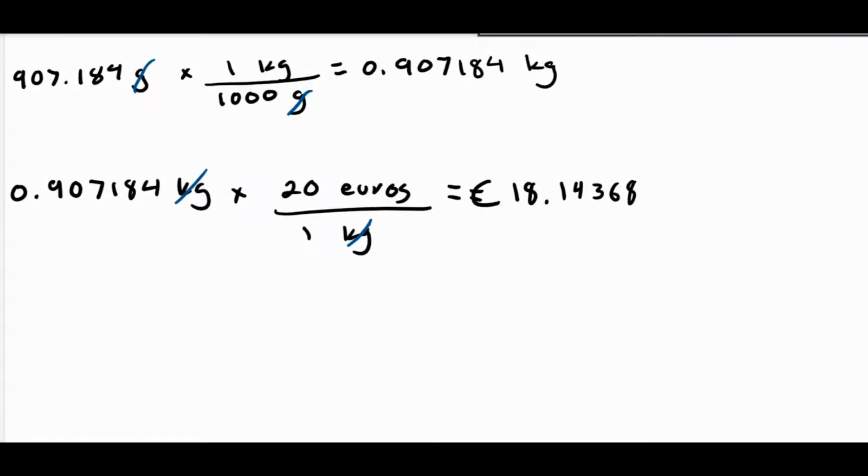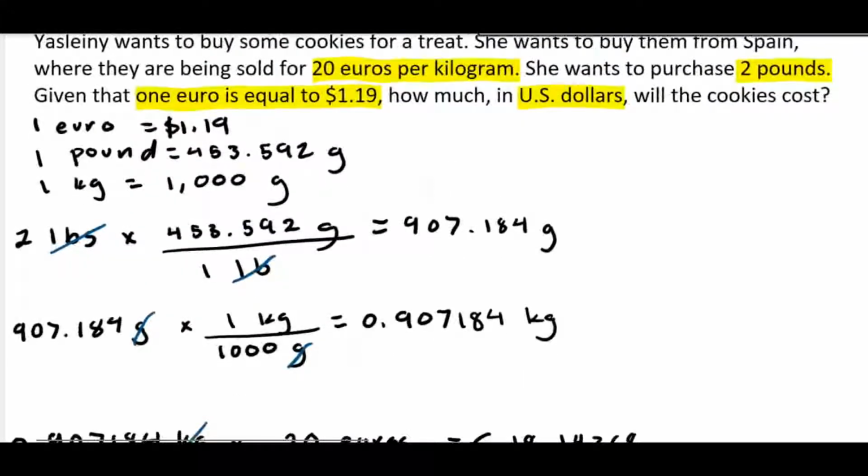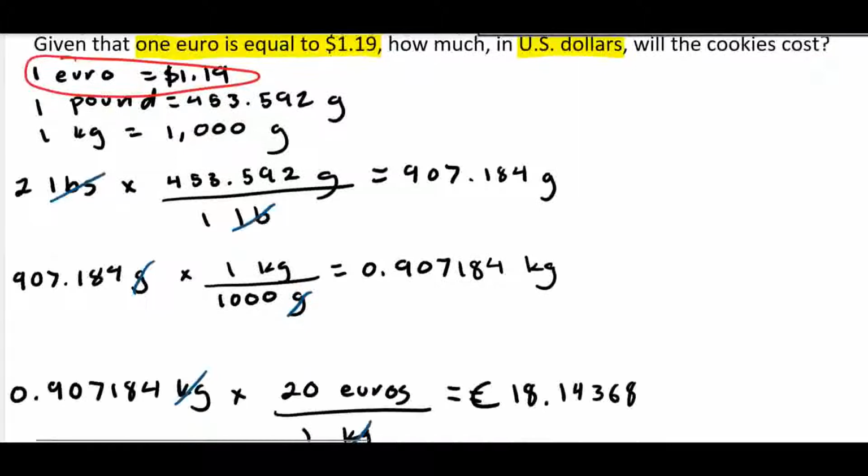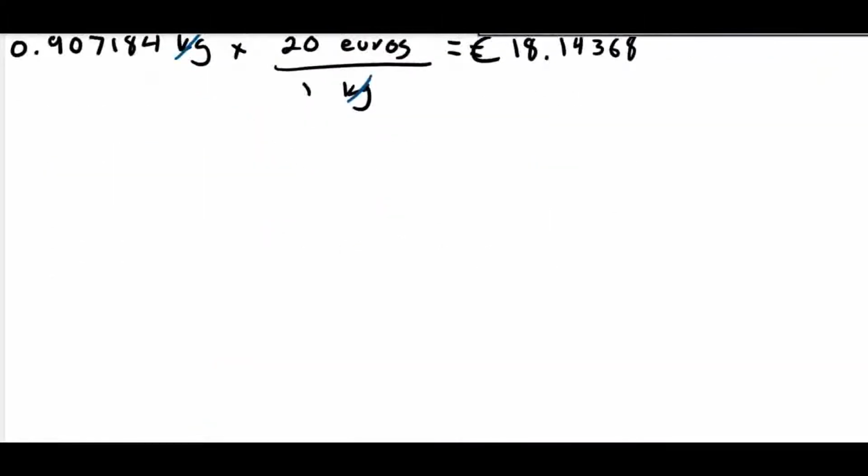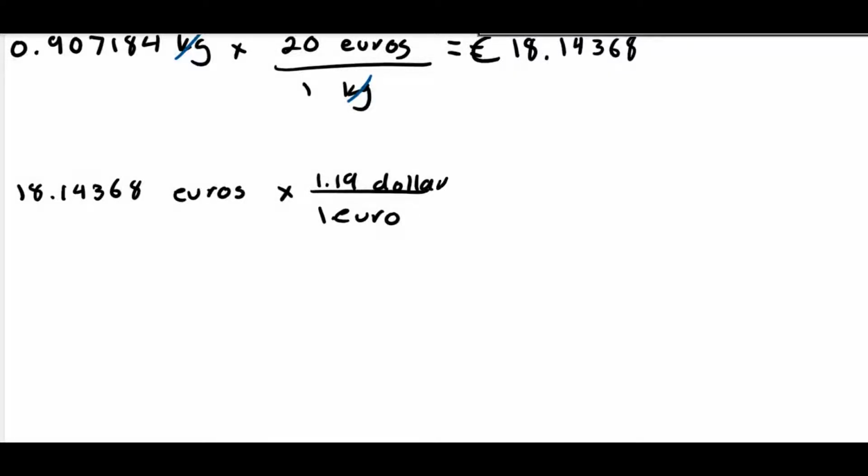Now lastly, we're going to need to convert from euros to US dollars. So Yasmini knows how much she needs to pay for these cookies. We see that 1 euro is equal to $1.19. So we're starting off with 18.14368 euros. We know that the ratio is 1 euro is equal to $1.19.